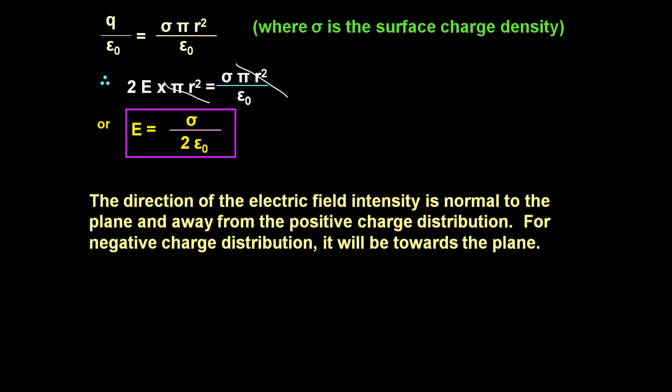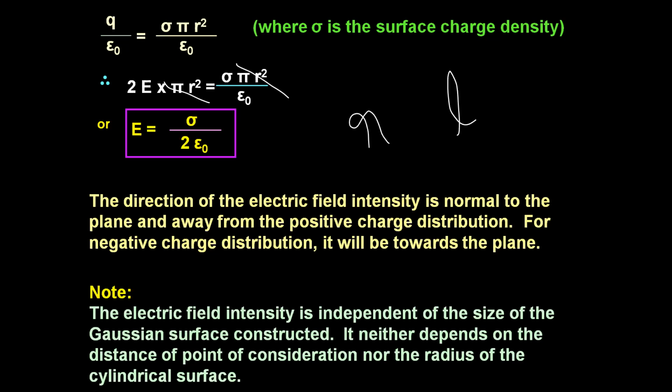One more thing you can notice here: when we considered the Gaussian surface, I told you that let us take a Gaussian surface having radius r and length L. But in our final equation, neither r appears nor L appears, right? Which means the electric field intensity is independent of the size of the Gaussian surface, and it neither depends on the distance of the point also.